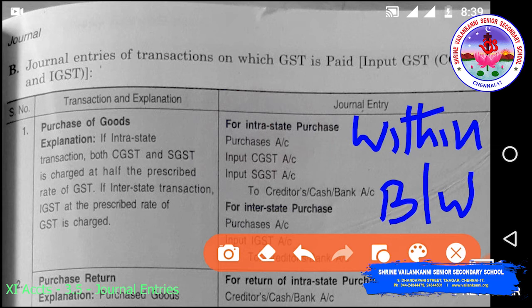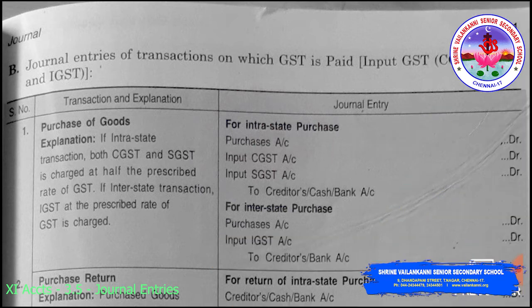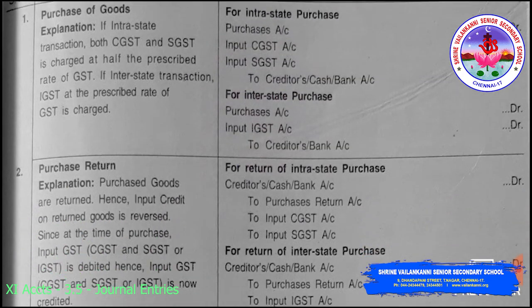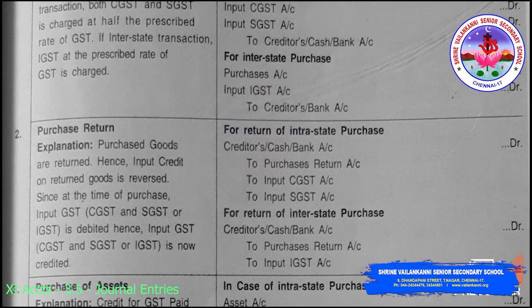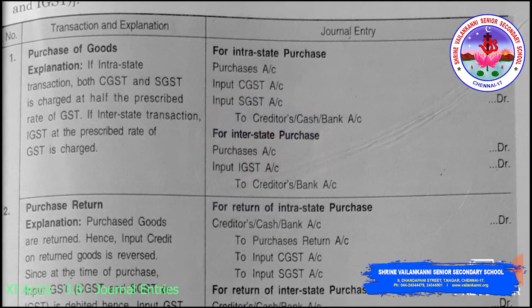Now, if it is interstate purchase, then you have between states. Say for example, Kerala and Tamil Nadu, Tamil Nadu and Gujarat, Rajasthan and Maharashtra, like that. When you are purchasing, normally what is the journal entry? Purchases account debit to creditors or cash or bank account.